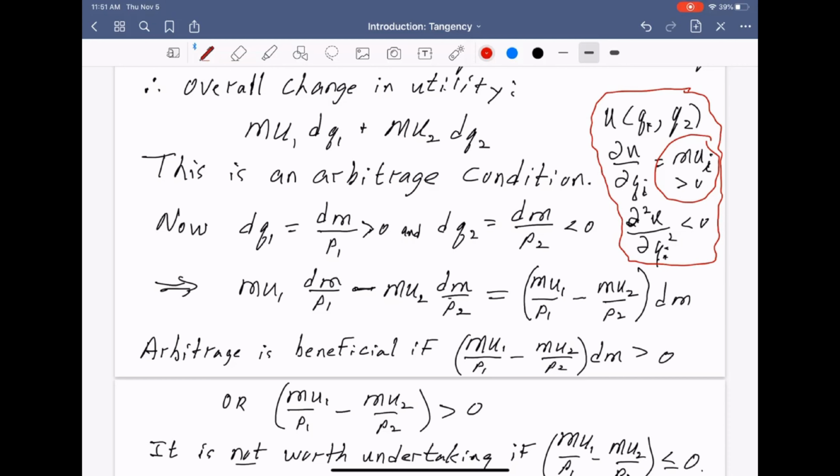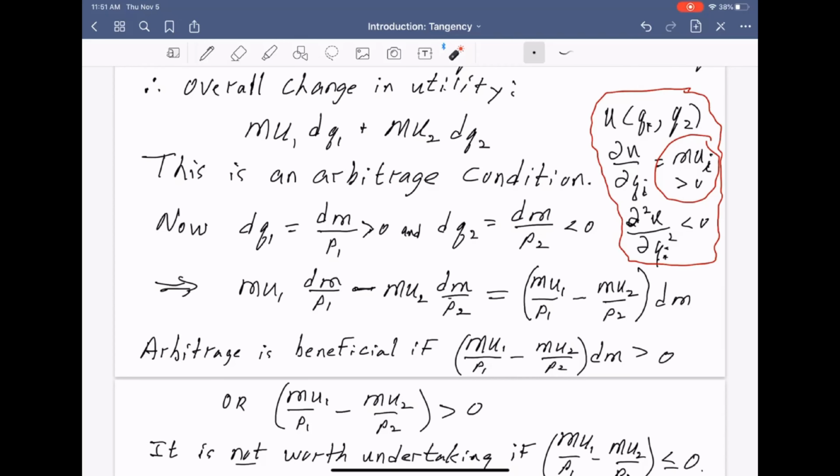Okay, now it turns out that the marginal utility of 1 times dQ1 minus the marginal utility of 2 times the change in Q2 is given by this amount here, MU1 over P1 minus MU2 over P2 times the change in the income.